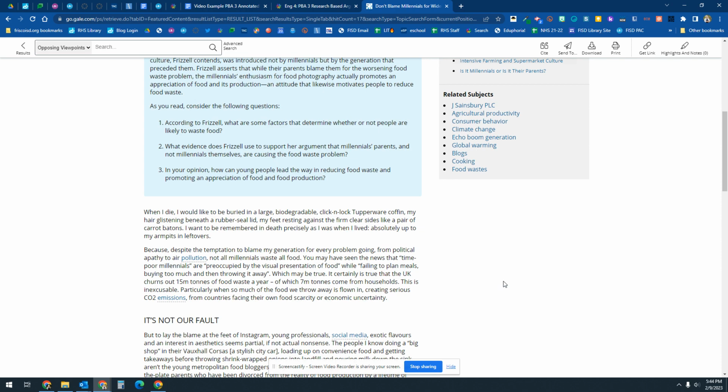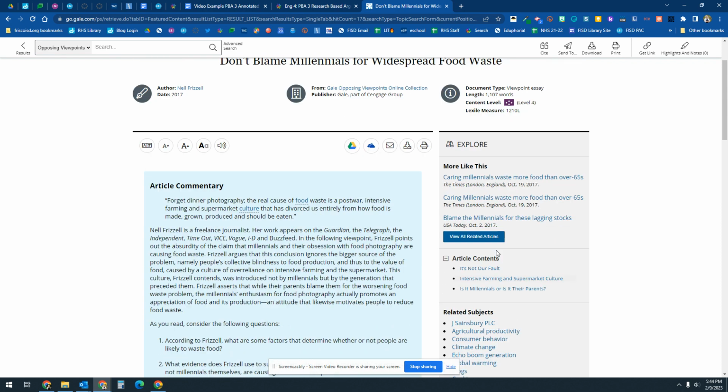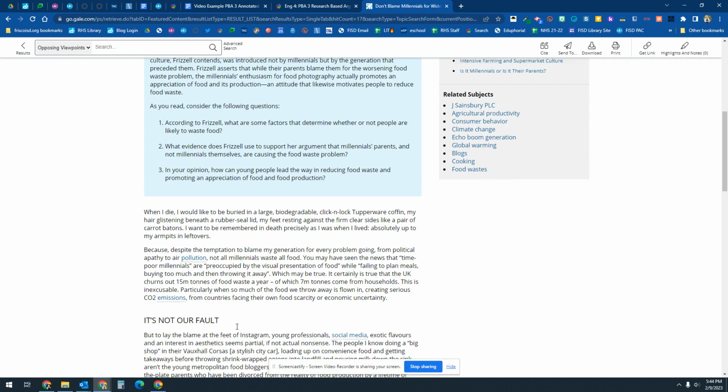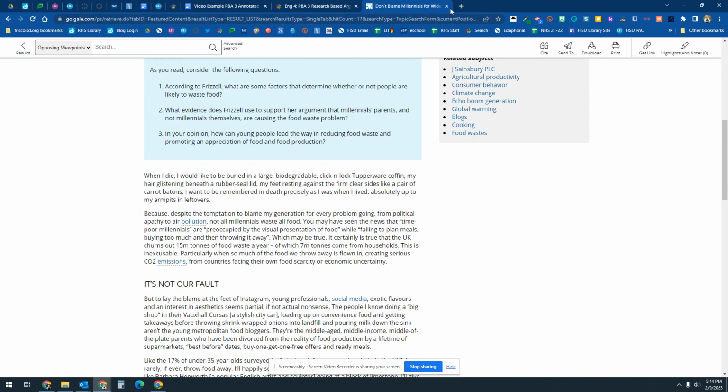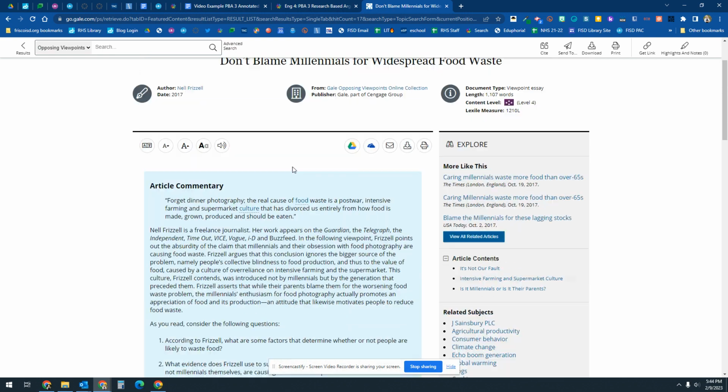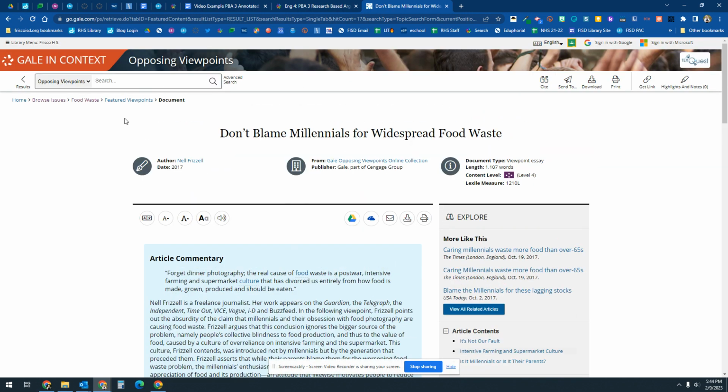So you want to double check that, so you can determine what the bias of the actual journalist and the article is. Okay. But again, you would cite it the same way. Click that cite button. All right.